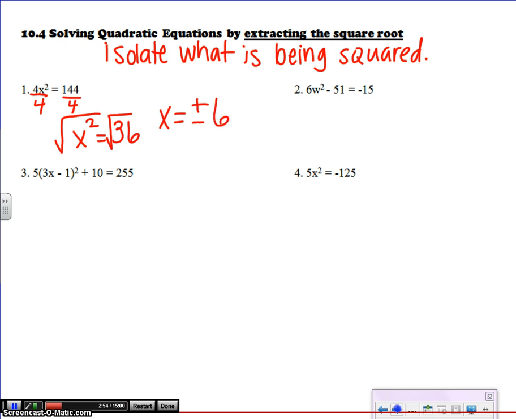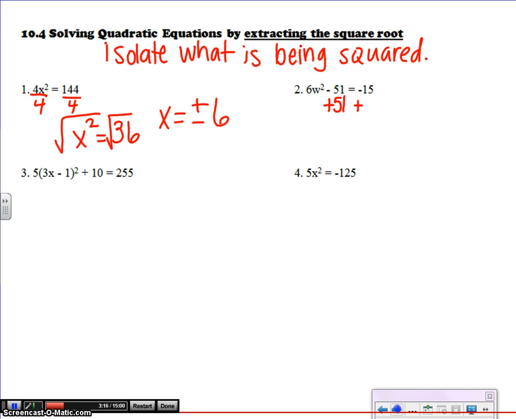Now the good thing about our final is it's a multiple choice test, so if you forget this, hopefully you'll see those two answers as an option for the multiple choices, and that'll hopefully trigger that thing that helps you to remember that you're going to need two answers, okay? So for number 2, we need to get w squared by itself, so we're going to approach this just like a regular two-step equation until we get to the last step.